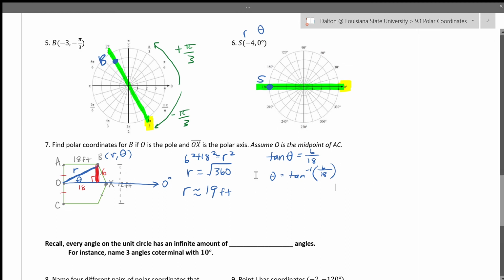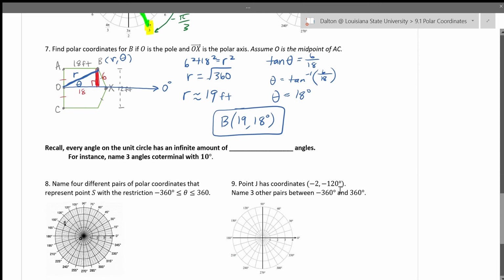When in doubt, answer in degree mode. Then you hit second tangent, and you get that theta, to the nearest degree, is approximately 18 degrees. So the polar coordinates for point B are R is 19, and theta is 18 degrees. Typically, you don't put feet or those types of measurement units in your coordinate, but putting the degrees is standard. In fact, putting the degrees helps us differentiate between degrees and radians.